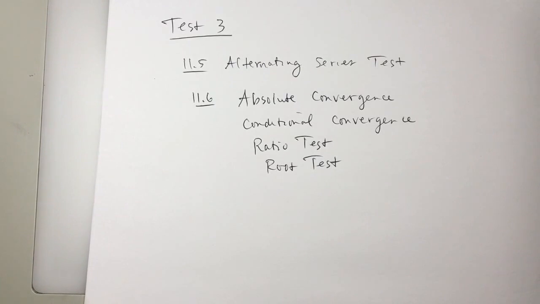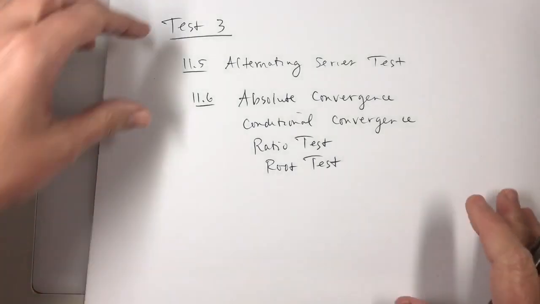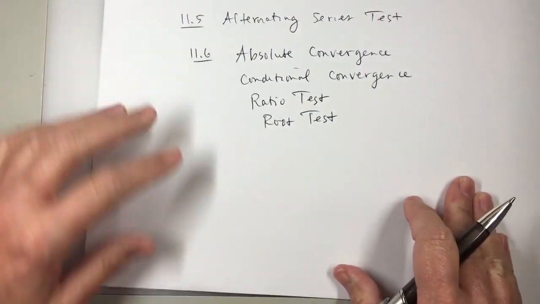If you see a problem, and you will, about does this converge absolutely or conditionally or diverges, there are 3 techniques you could try.